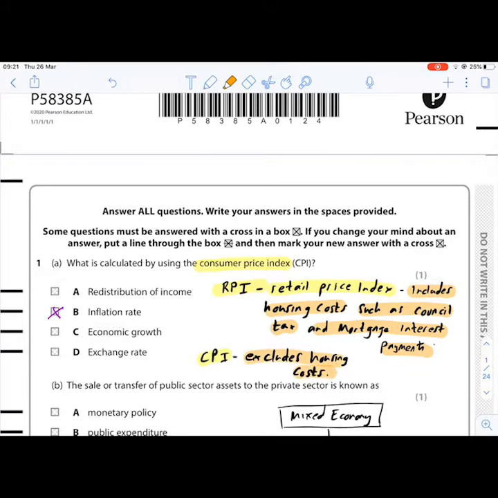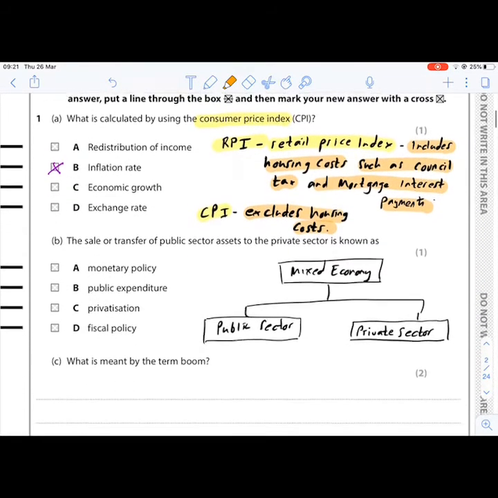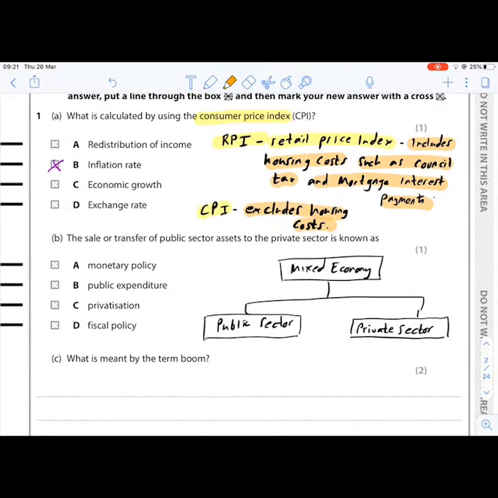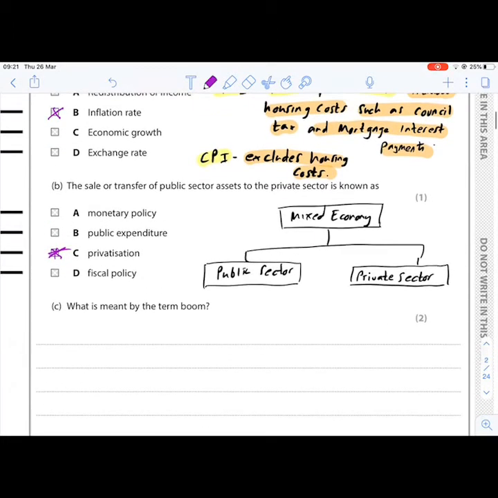Okay. Next question, B. The sale or transfer of public sector assets to the private sector is known as, well, this is known as privatisation. Okay, so a little bit of revision then. The United Kingdom has a mixed economy. They have a public sector and a private sector.